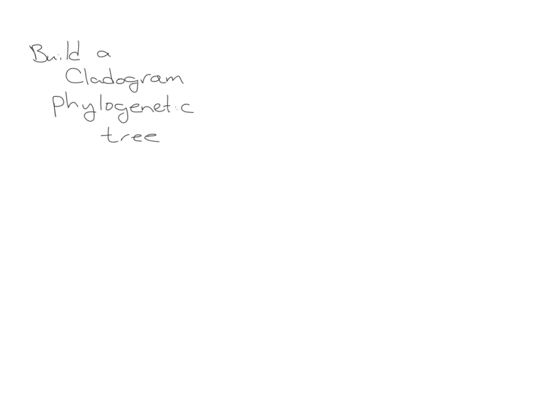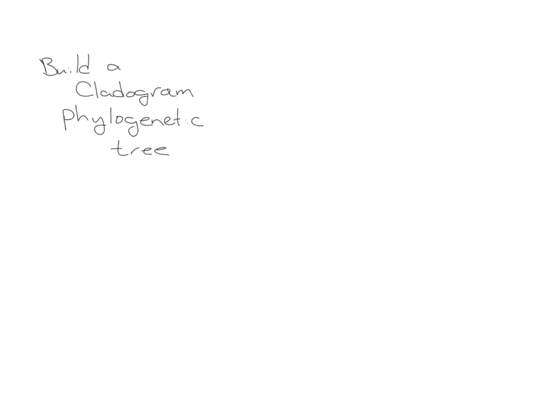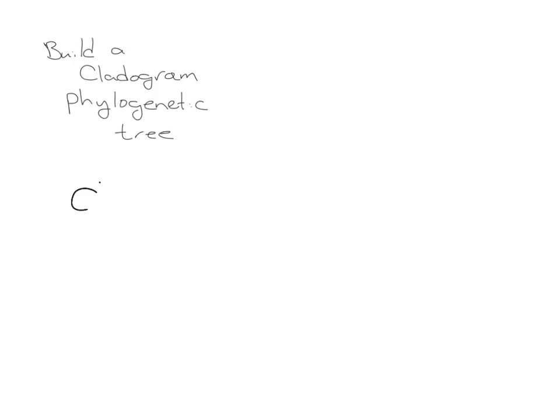So we have a table defining the character states, right? So we have a character. What's another name for a character? Trait. Or what's something else they might use? Phenotype. Okay, so somebody might use phenotype, character, trait, right? Yes?